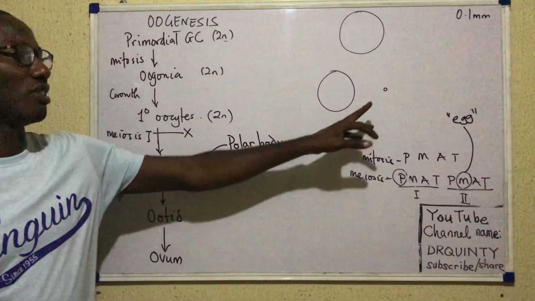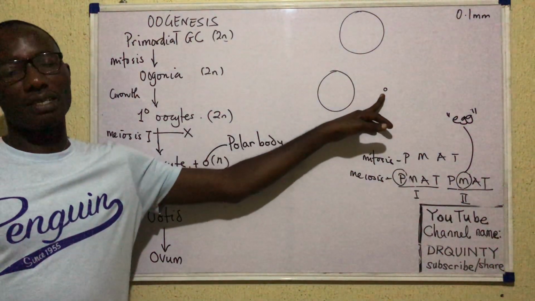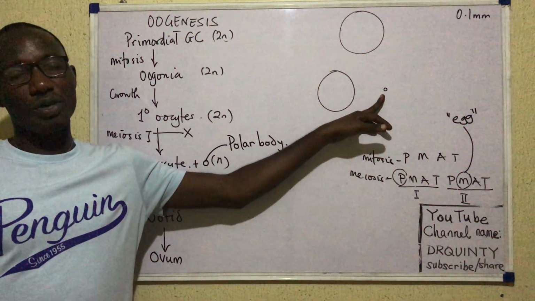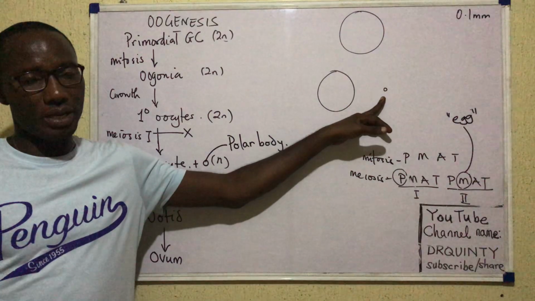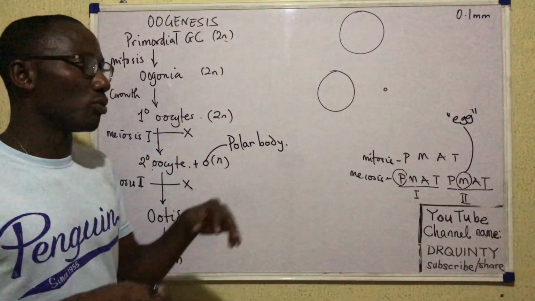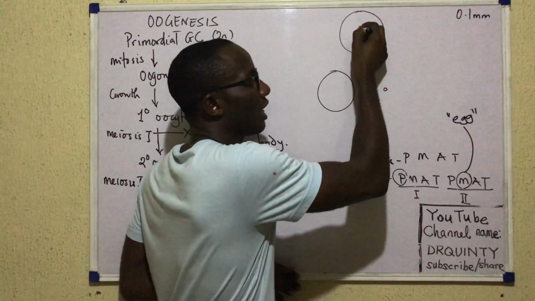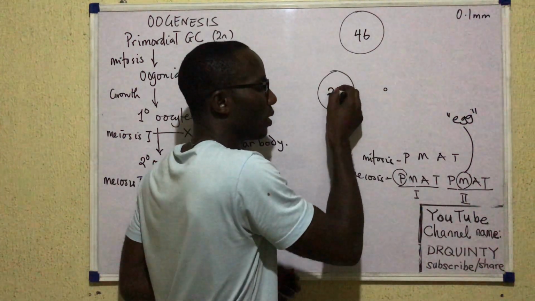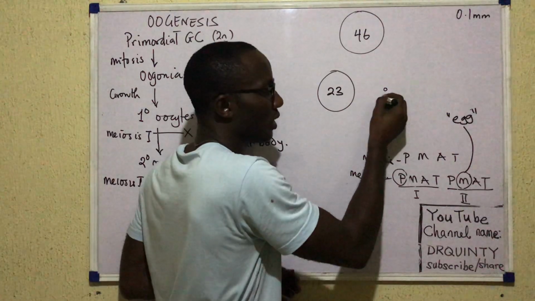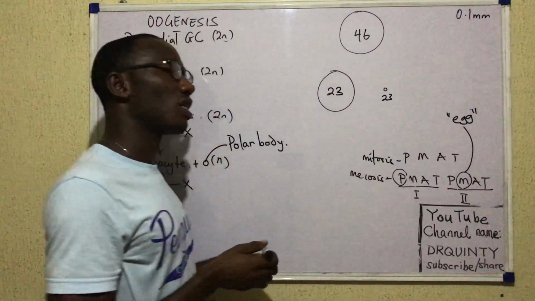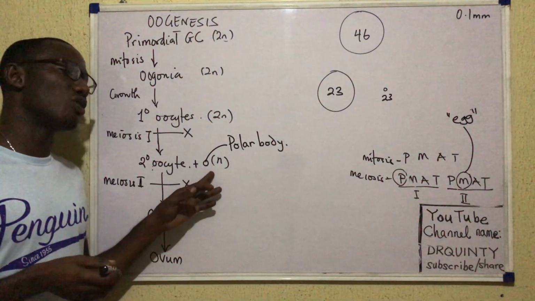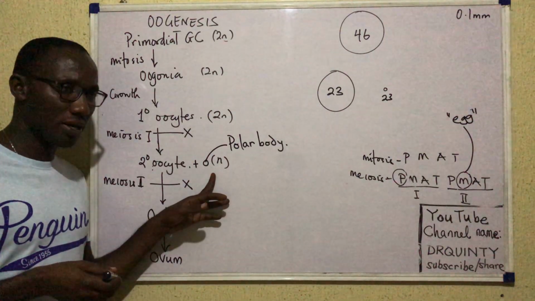So the polar body is very tiny. It is insignificant. As a matter of fact, it is going to degenerate eventually. But its purpose is possibly to reduce the chromosome number, like from 46, 23 enter here and then 23 enter there. So we say the purpose of the polar body is to reduce the chromosome number.